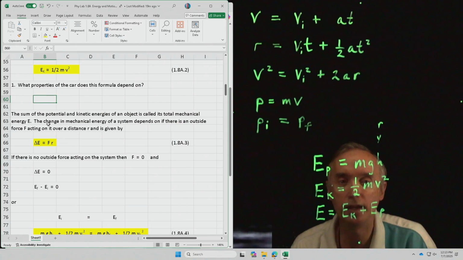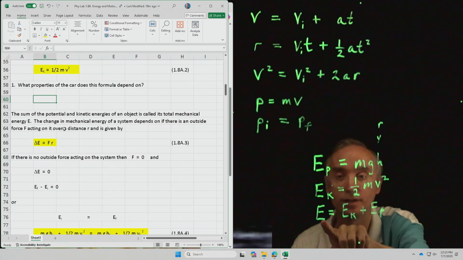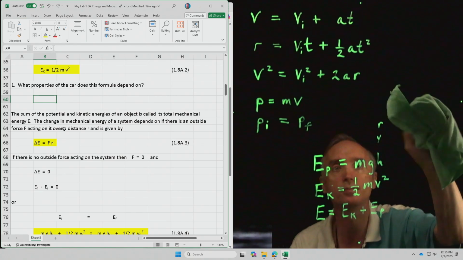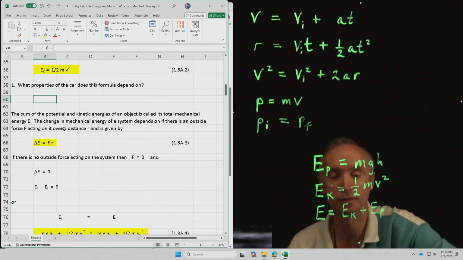And the change in mechanical energy, so the change in E, so where can I put this at? So let's put it up here.